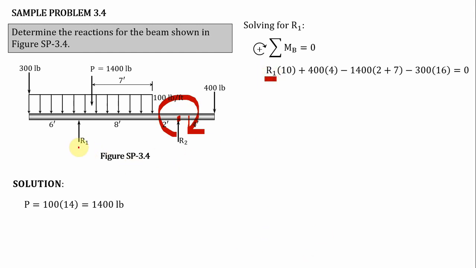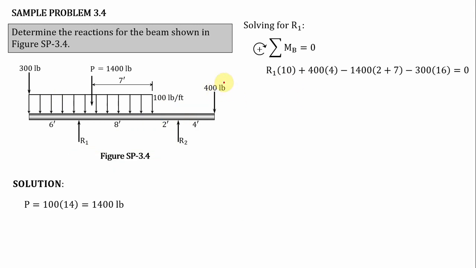What is the moment arm of R1? This is the moment arm of R1, and that is equivalent to 2 feet plus 8 feet, which is 10 feet. So that's why R1 times 10.